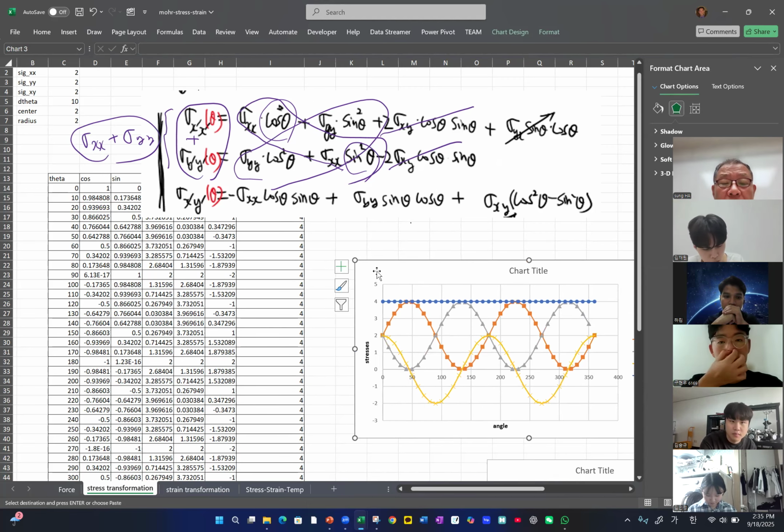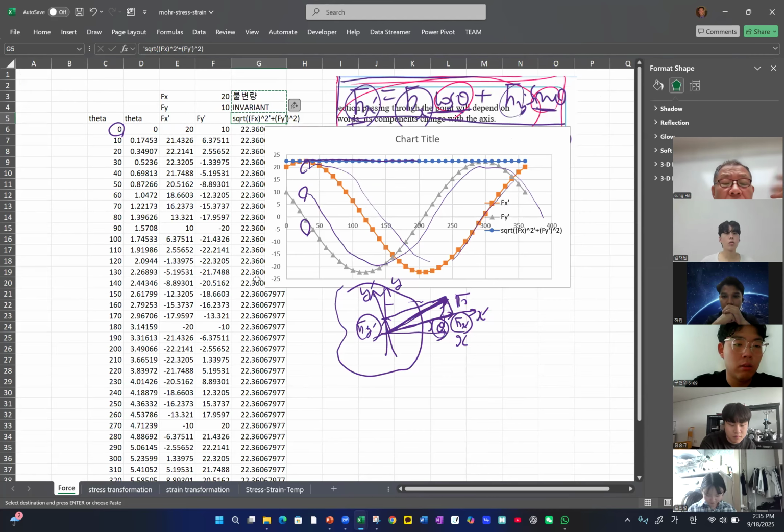I know this is a very new concept to you, but just imagine what is meant by invariant in vector: something that does not change. In this case, the physical quantity is the amplitude.